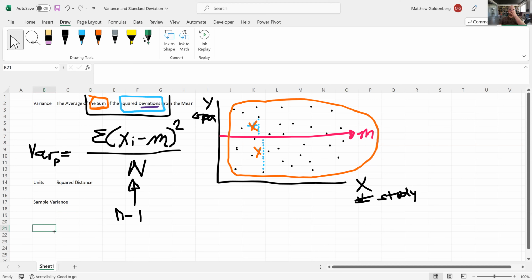When you change it to n minus 1, that's all you need to do to get sample variance. And it's still the interpretation of you're taking the average. So a sample variance is also the average squared distance your sample has from its mean.